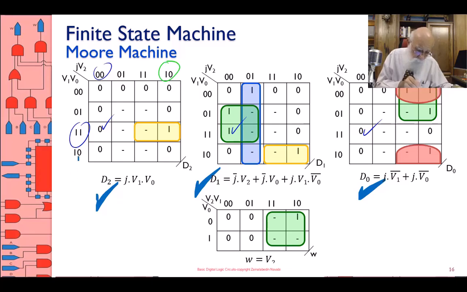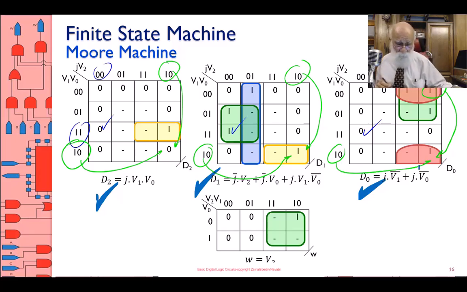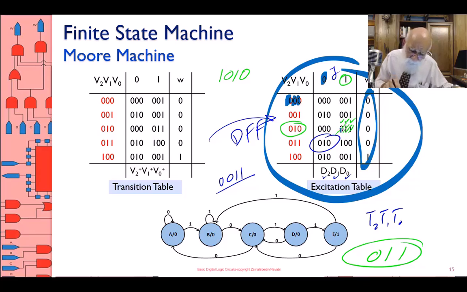In this spot for D2, I want 0. In this spot for D1, I want 1. In the same exact spot for D0, I want 1. I'm actually doing exactly the same thing. Let's box it.